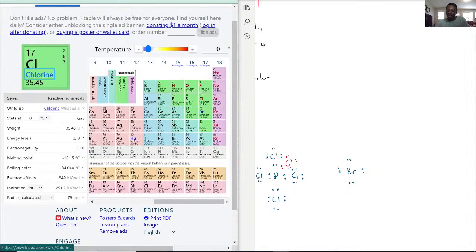Okay, so we have chlorine, chlorine, chlorine, chlorine, and then we're going to now add the extra electrons. Let's start with krypton in the middle. It's right now sharing 4 of its 8, so 5, 6, 7, 8. Okay, so krypton is done.